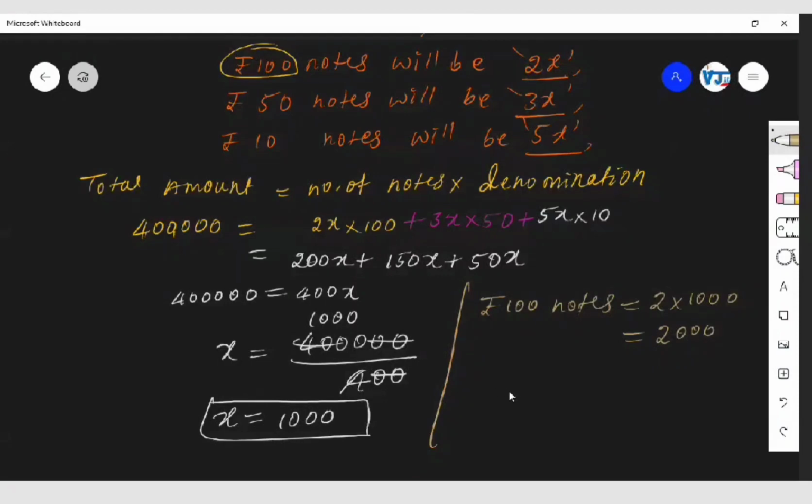How many 50 rupees notes will be there? 3,000. How many 10 rupees notes will be there? 5,000. Okay.